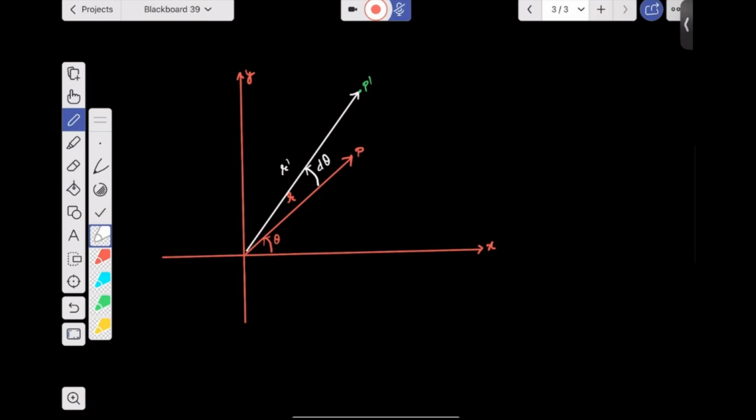Just like we had average velocity and then instantaneous velocity, we'll talk about angular velocity. It is going to be the rate of change of angle, d theta by dt.